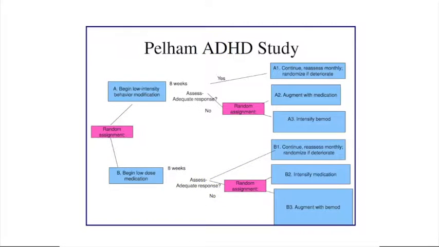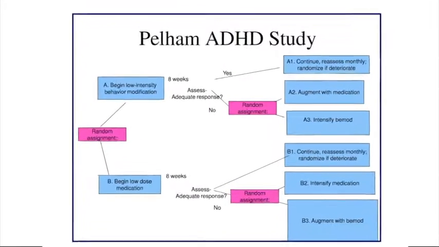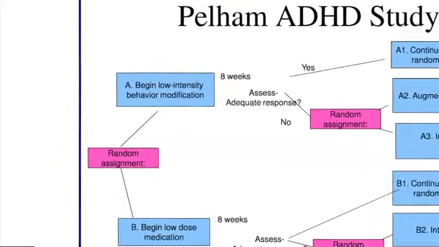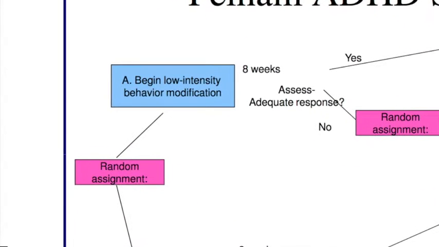This trial is over. It was a trial of little kids who have ADHD. It started at the beginning of the school year and ended 8 months later at the end of the school year. At the beginning, all the kids had been diagnosed with ADHD. They come in at the beginning of the school year, and they're either started with a low-intensity behavioral therapy.